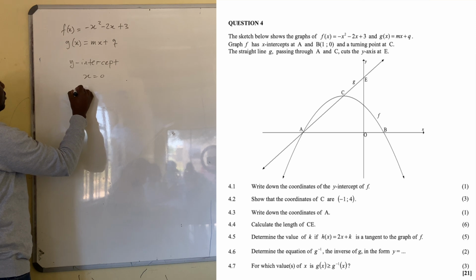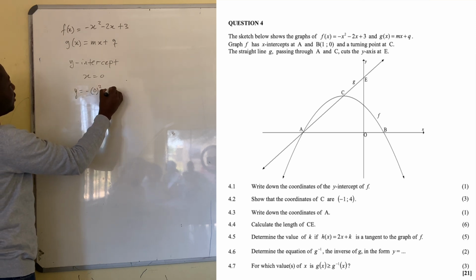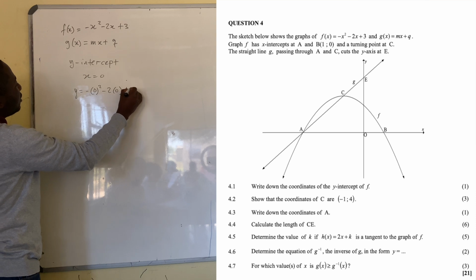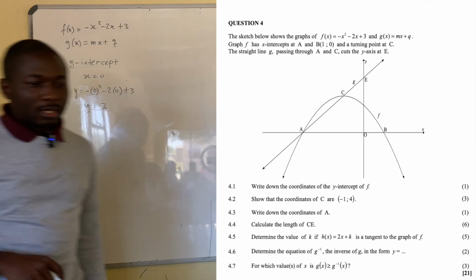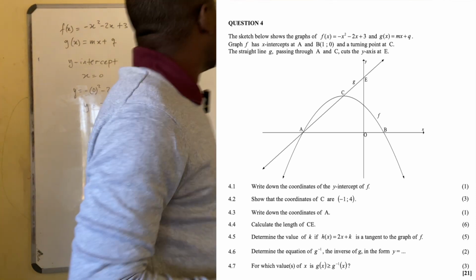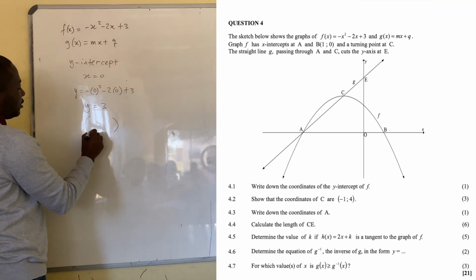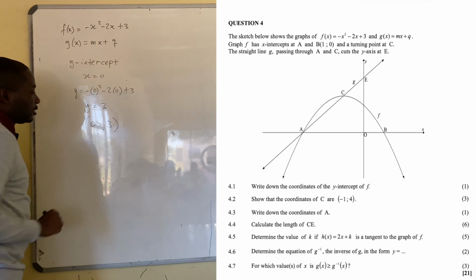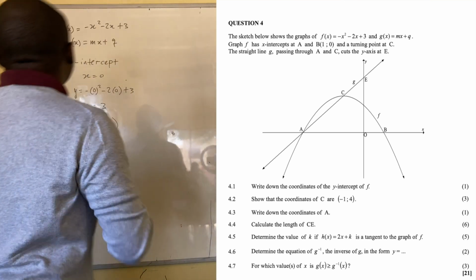So that will be y is equal to negative 0 squared minus 2 by 0 plus 3. So y is equal to 3. The question is asking us to find the y-intercept of f. So if we were to write the full coordinates, it would be 0, 3, right? So that is 4.1.